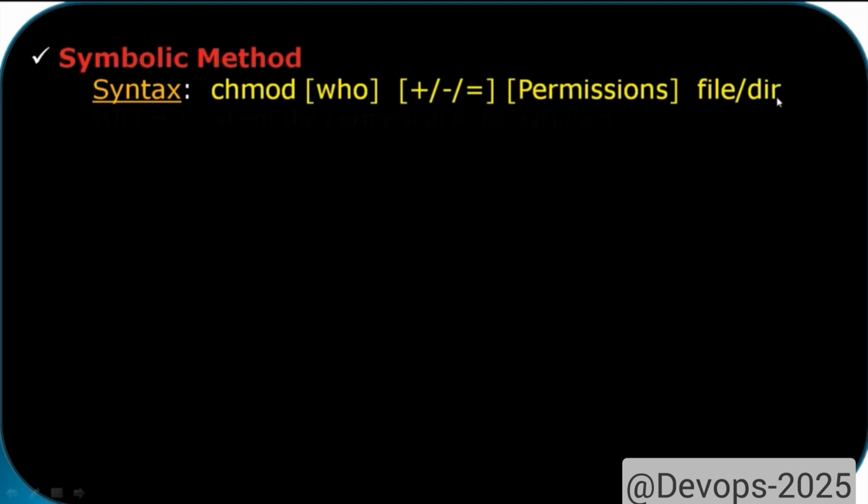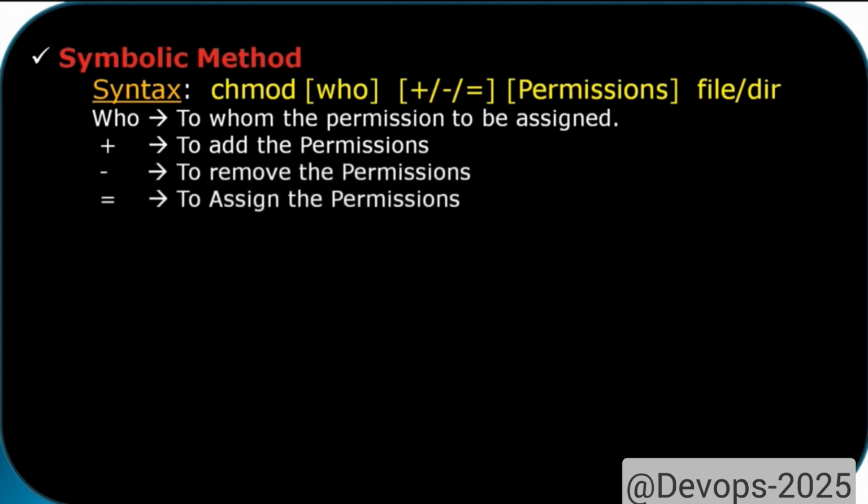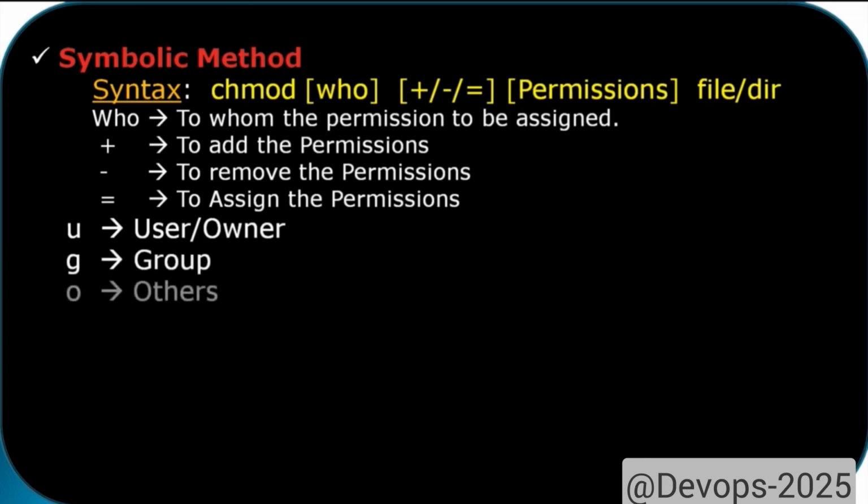Here, who means to whom the permission is to be assigned. Plus means add the permission, minus means remove the permission, and equal to means assign or set the permissions. A couple of shortcuts you need to understand: u means user or owner, g means group, and o means others.